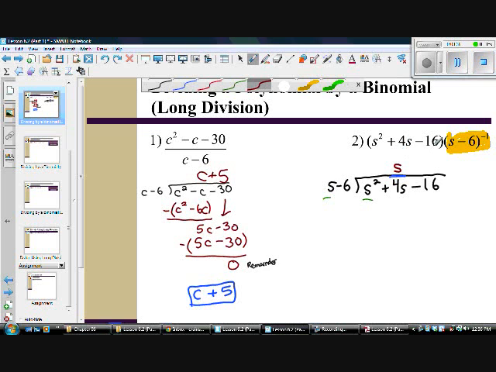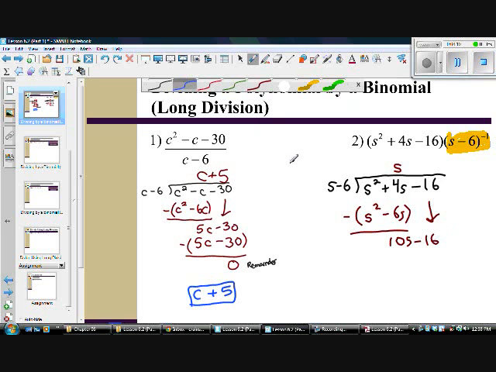And distribute: s times s is s squared, and s times negative 6 is negative 6s. So we do our subtraction of the entire expression inside parentheses. And so we see that s squared minus s squared is 0. 4s minus a negative 6s is like doing addition, so you get 10s. Drop down the minus 16.